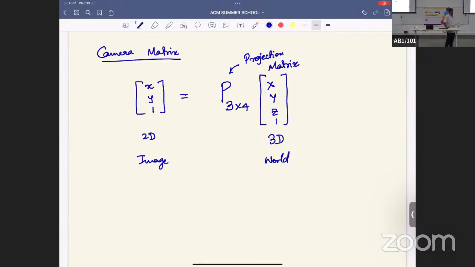The pan-tilt camera doesn't move, so there is no translation, because it's fixed. It can just pan, tilt, or zoom. It cannot physically move, so the pinhole, the camera center, has not moved or translated.